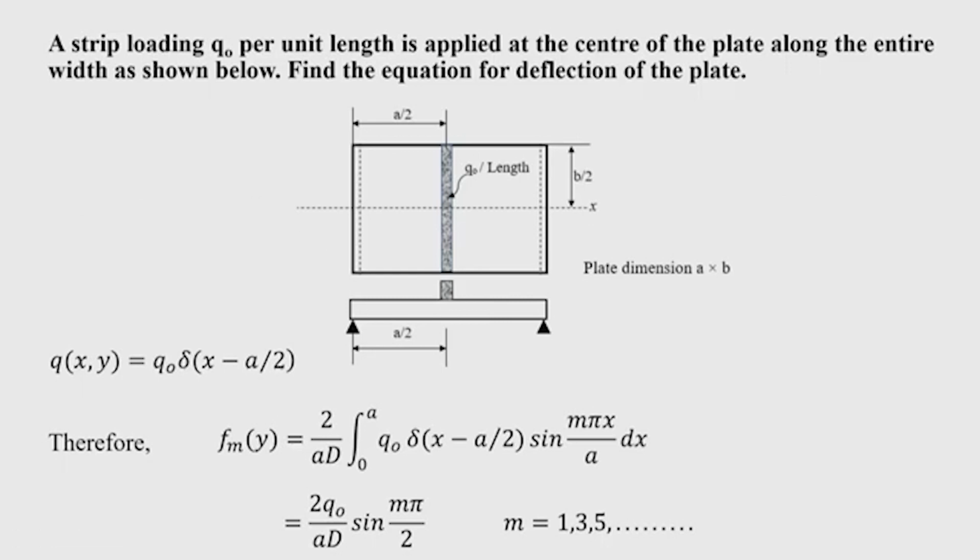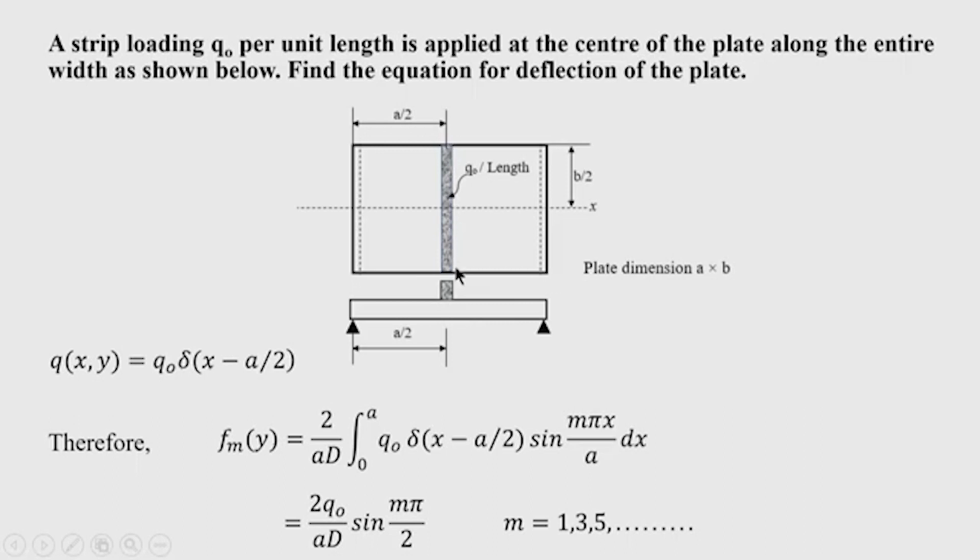Now, let us consider another problem of a plate which has a loading q naught per unit length, but it is not distributed over the area. It is only a line load, that you can call strip loading, and this loading acts along the y direction. You can see that this loading is situated at a by 2, and it is continuous along the y axis.